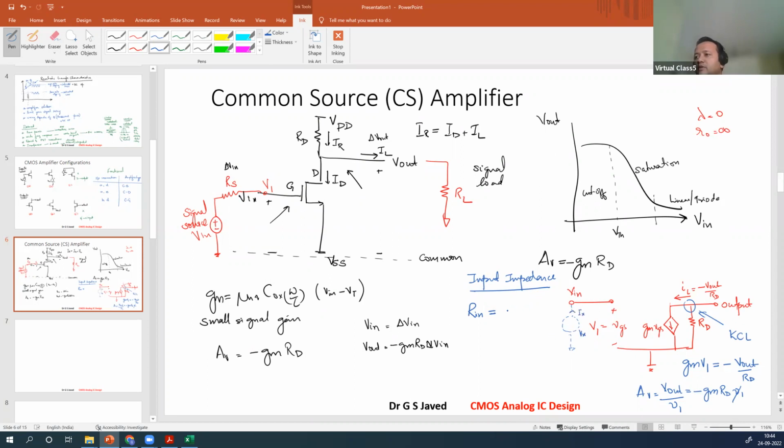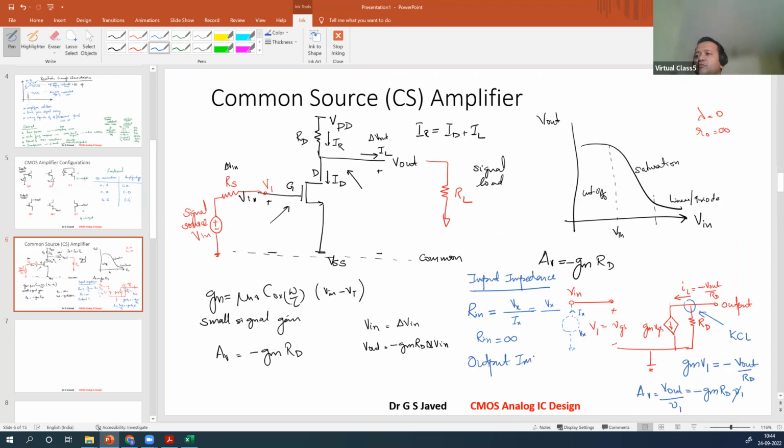So Rin is Vx by Ix. If you remember, the current going into the gate of an amplifier is 0. So Vx by 0 is always infinity. So Rin will be infinity. Remember, if the input is given to the gate, it is always infinite impedance or extremely high impedance.